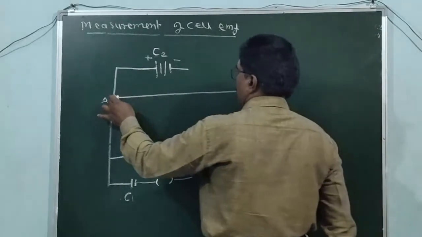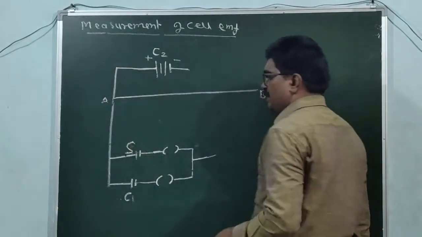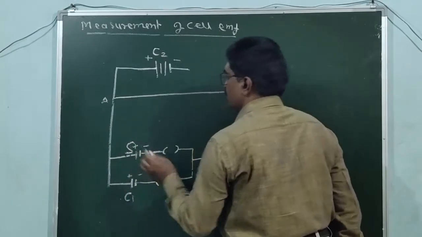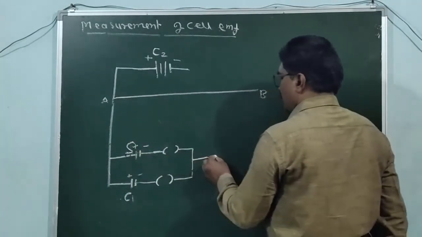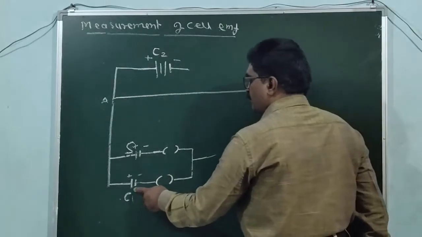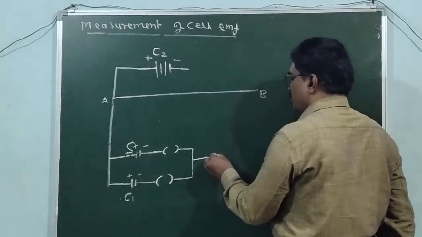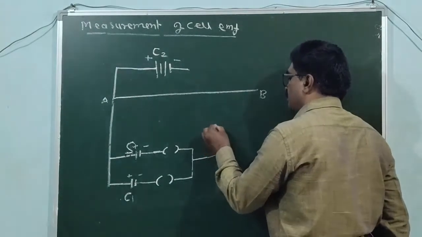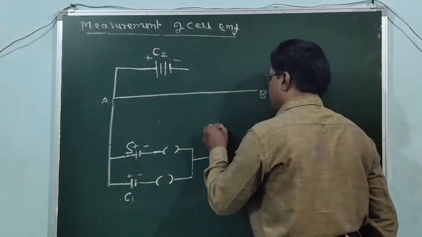So one end of this wire is connected to the positive end of this battery. So here positive, negative, and the negative end of both of the batteries is joined to the jockey, and the jockey is joined through a galvanometer. Suppose there is a galvanometer.